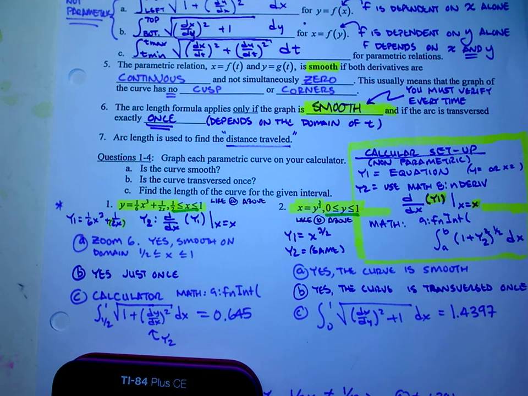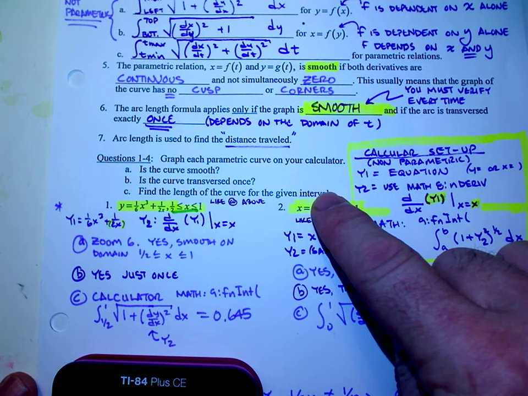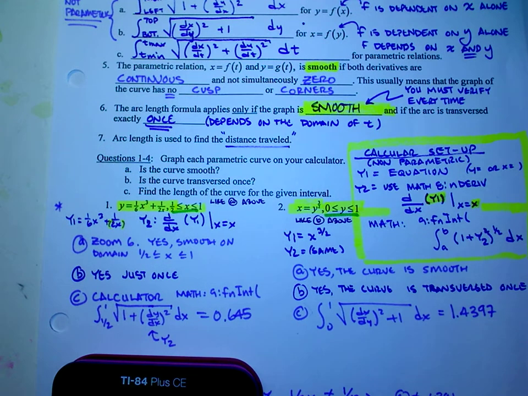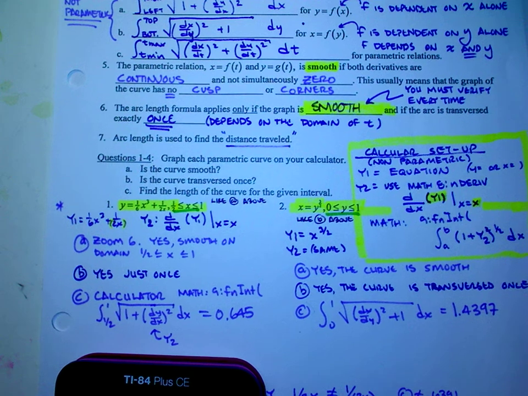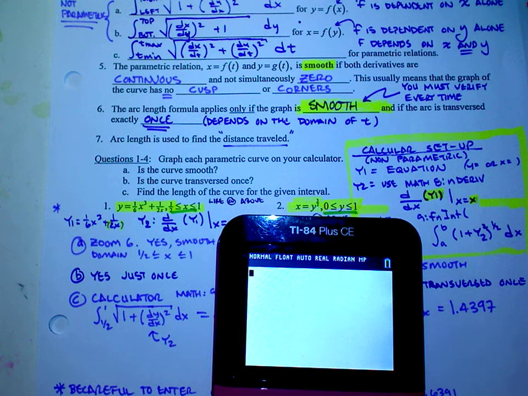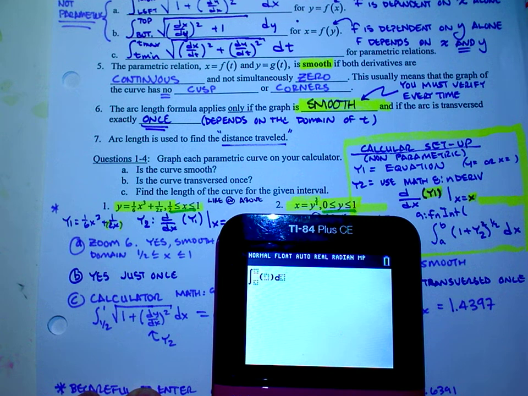Okay, so next we need to find the length of this curve. Since the first two things have checked out okay, we can go right to our calculator and enter in our function, which is going to look like one of these. Let me clear that out, and we'll go to our Math 9 and integrate this from 1/2 to 1.